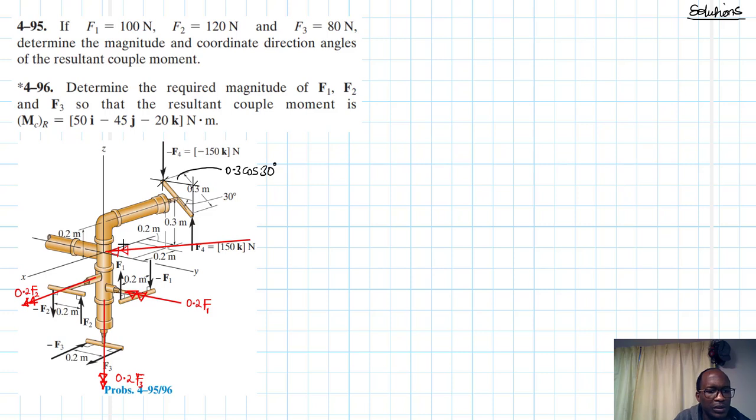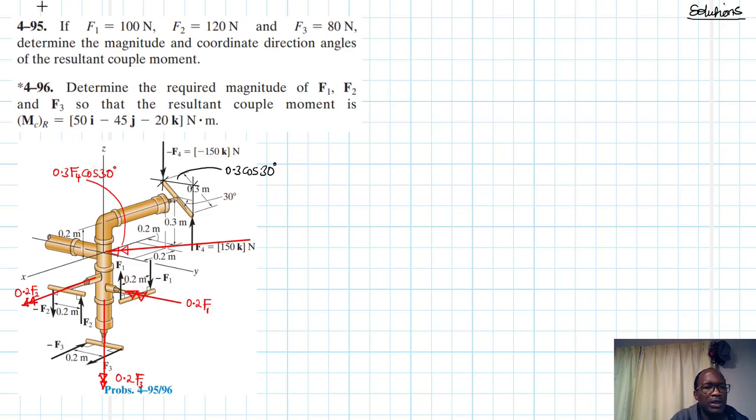Therefore, this moment, which is in the xy plane, is going to be equal to 0.3 F4 cos 30 when we multiply all of them.